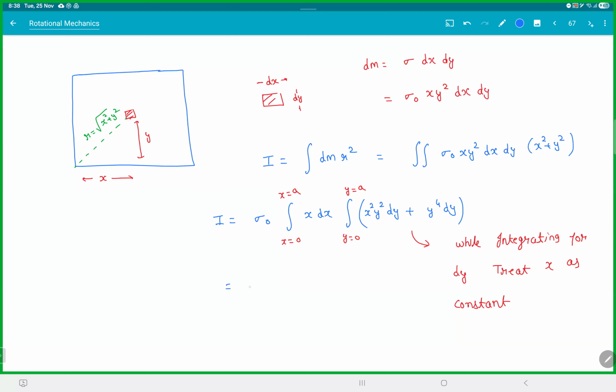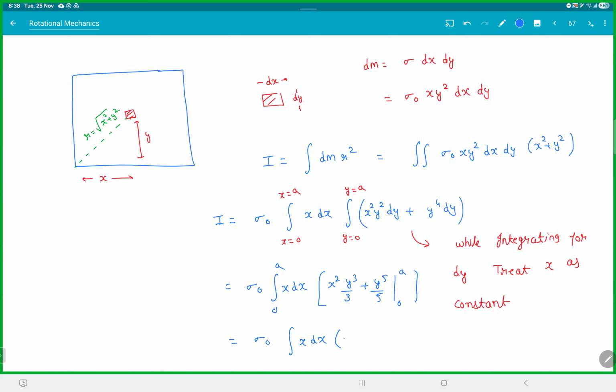So this will be sigma naught x dx. Don't integrate this yet. This will be x square y dx, so x square, and that will be y cube by 3 plus y power 5 by 5. Limits will go from 0 to a. Substitute a value there, we'll get sigma naught integral x dx.